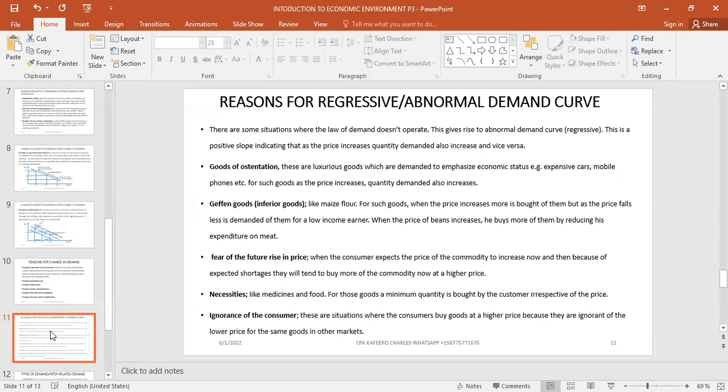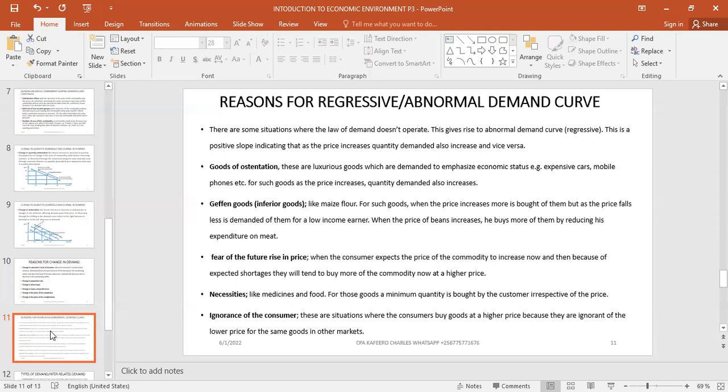It violates it in a way that, instead of having a negative or downward slope, it has an upward slope, or a positive slope, whereby when the prices are increasing, the quantity demanded is also increasing. That's what we mean. It is called the abnormal demand or a regressive demand.